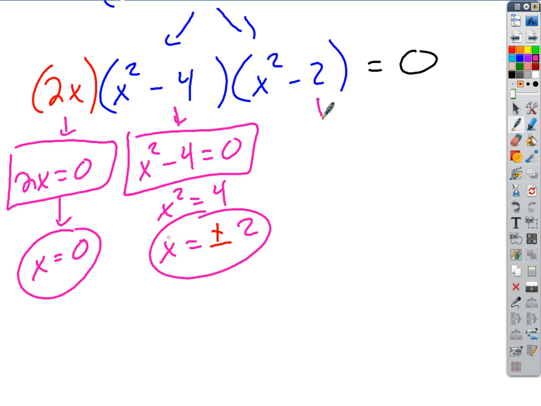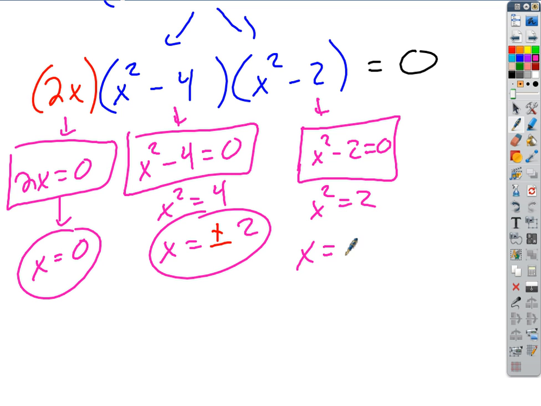And then over here, if I set this one equal to 0, what do I do to get the x by itself? Add 2, and then square root. So x equals plus or minus square root of 2.